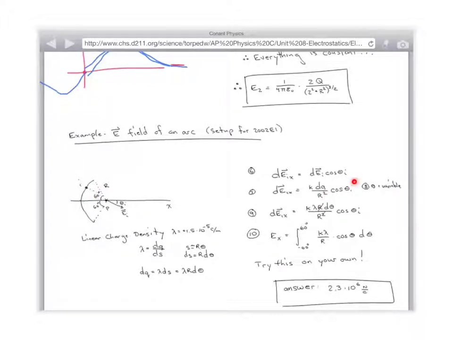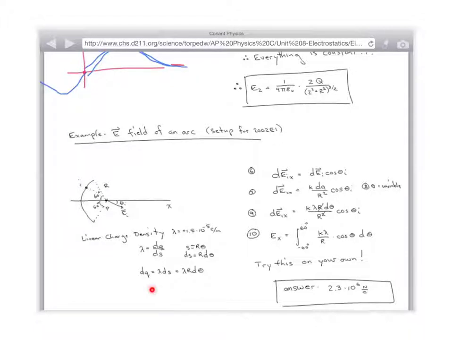If I give you a linear charge density, what does that mean? Charge per length. In this problem, dq over ds is 1.5 times 10 to the negative fifth coulombs per meter.